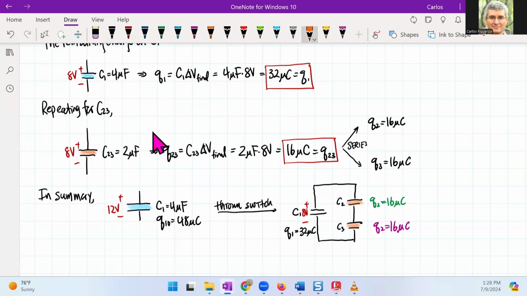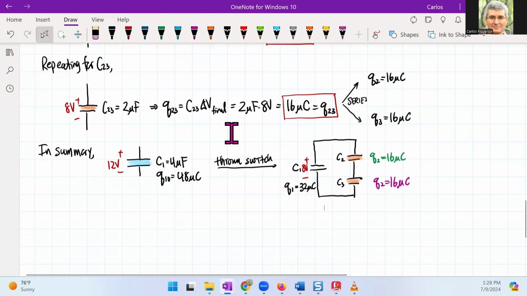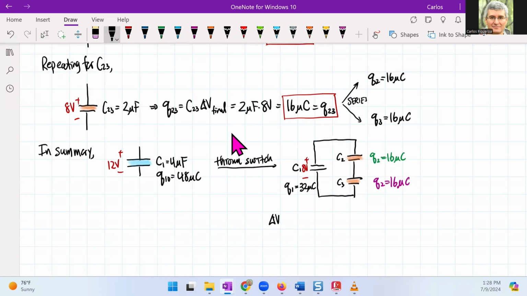The thing that's missing is the voltages. So the voltage of each capacitor has to be this. The voltage of 2 is the charge of 2 divided by the capacitance of 2.